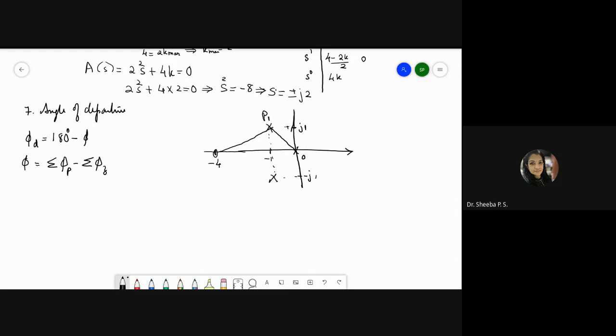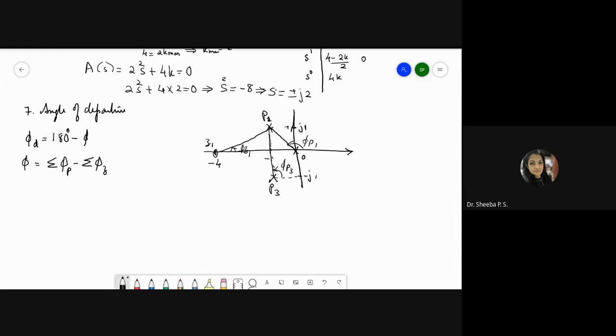Now I have to find the angle all the other poles make with this P1. Let me call the other poles P2 and P3, and this zero Z1, with angles phi P1, phi P3 and phi Z1.